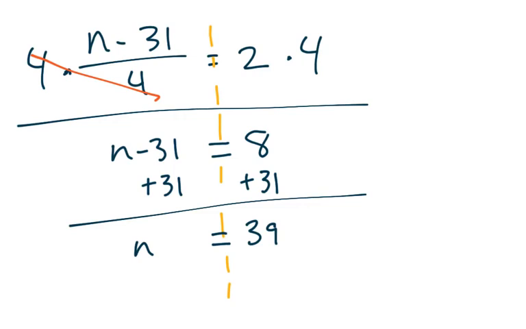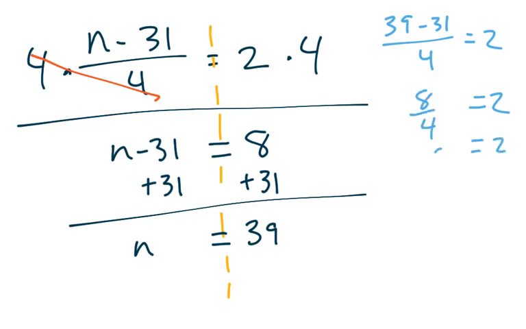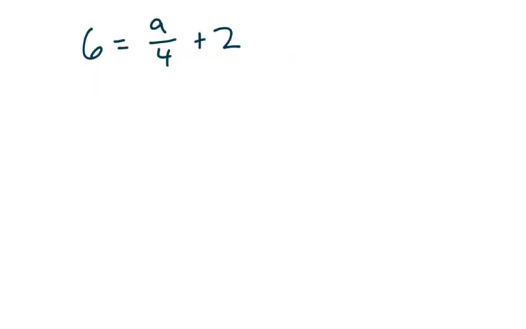So you'll see these on worksheet number 3. Let's check our work real quick. I think n is 39 minus 31 divided by 4 equals 2. So equals 2 first, and then let's see, 8 divided by 4 equals 2. Yep, that works. I did it right.